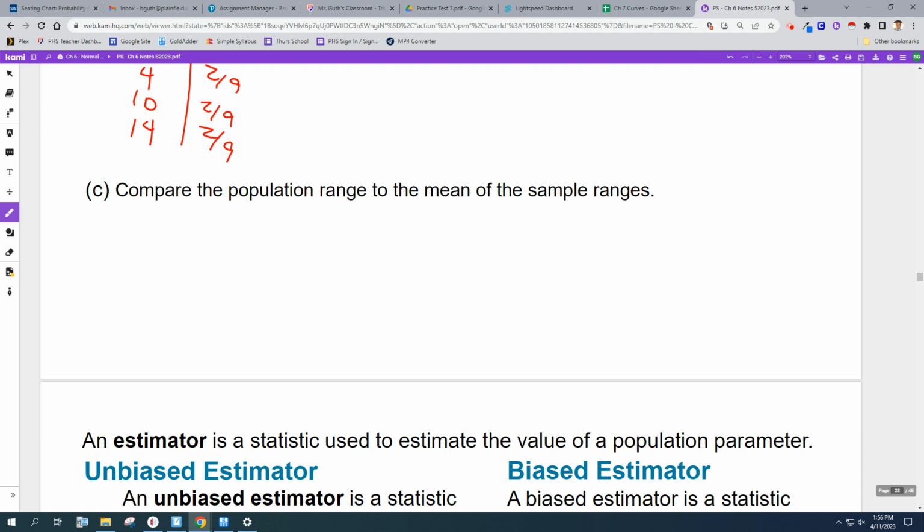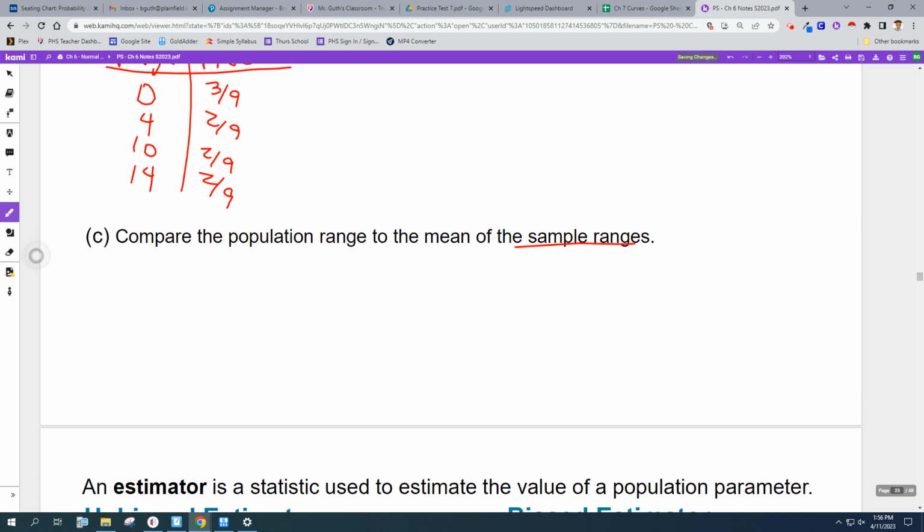Compare the population range to the mean of the sample ranges. It's the same question, right? So the sample ranges is the one where we have to look at the table.